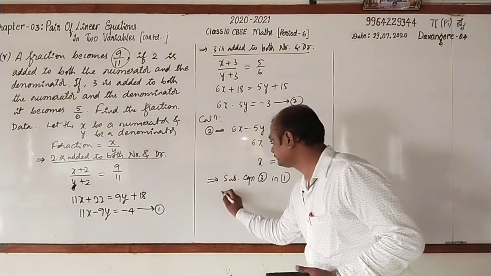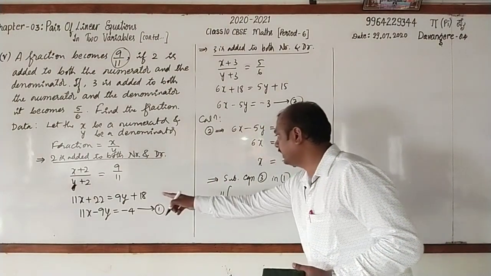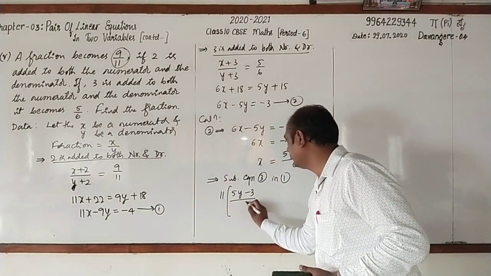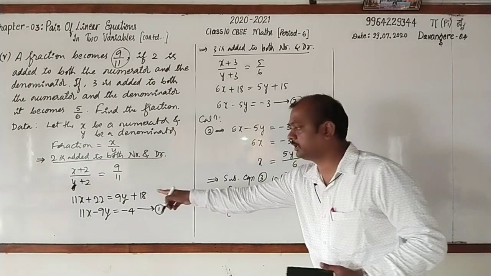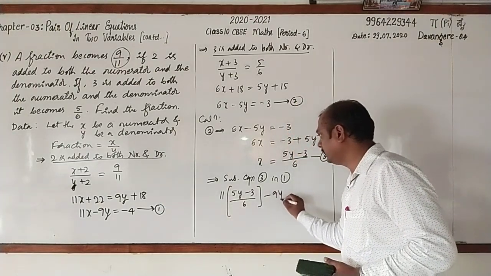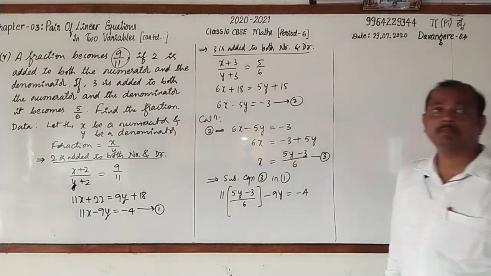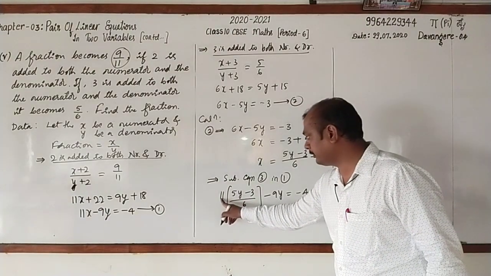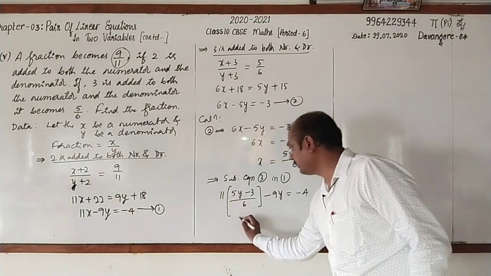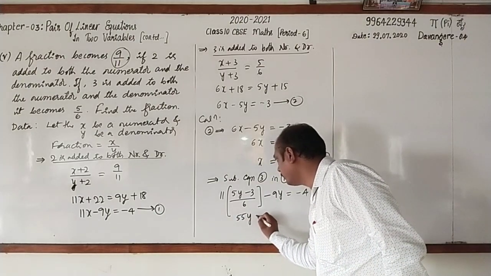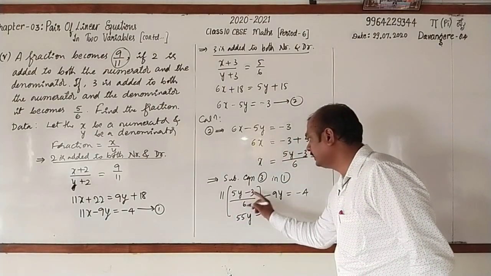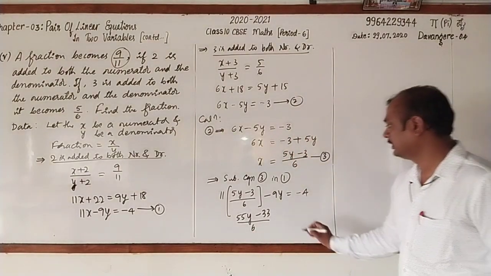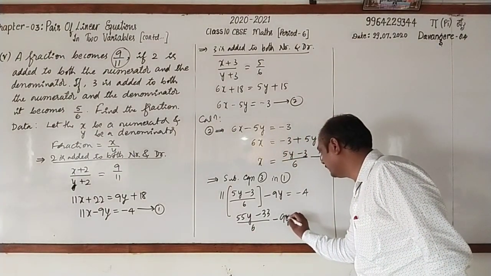Equation 1 is 11x, where x is 5y minus 3 by 6, minus 9y is equal to minus 4. Observe, multiply by 11. 11 5s are 55y. 11 3s are 33 by 6, minus 9y.